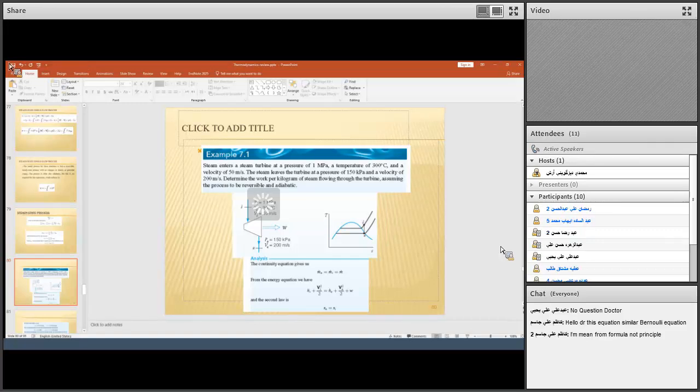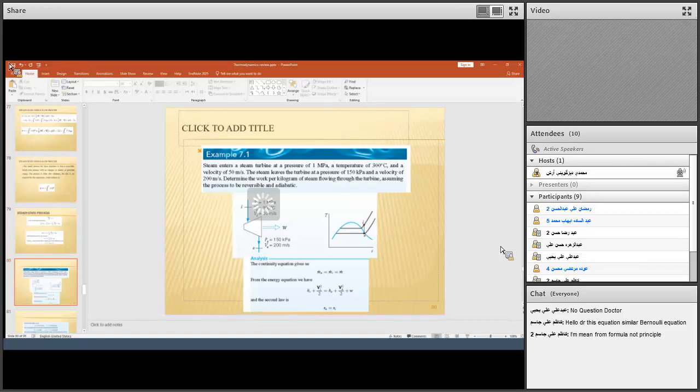So the process is isentropic. Why is the process isentropic? Because the process is reversible and adiabatic. A reversible and adiabatic process is isentropic. So entropy is constant between state I and state E.